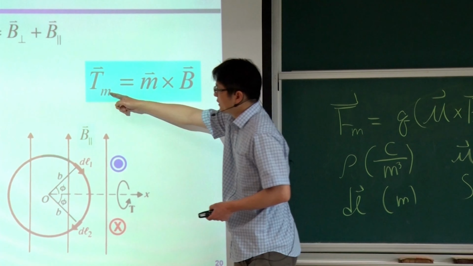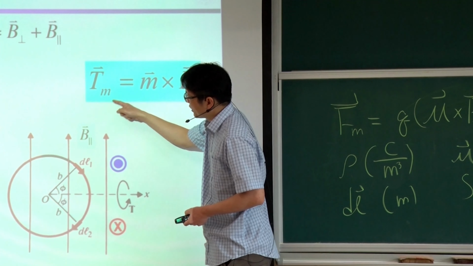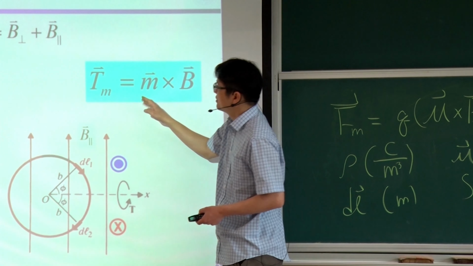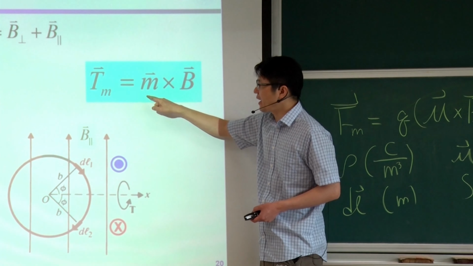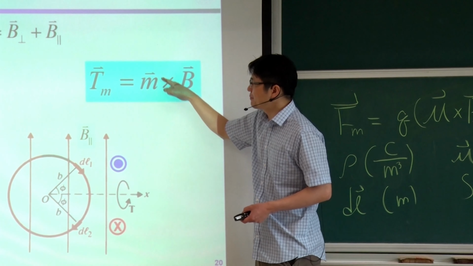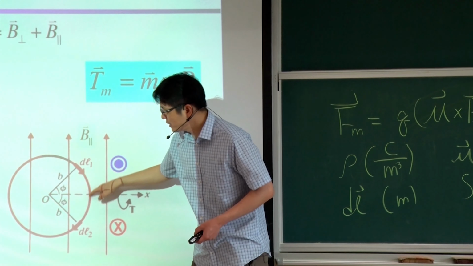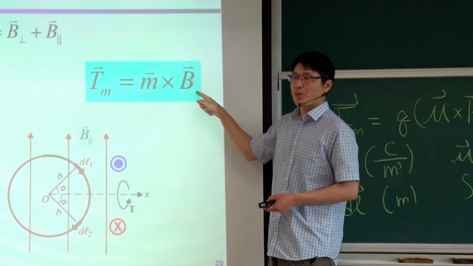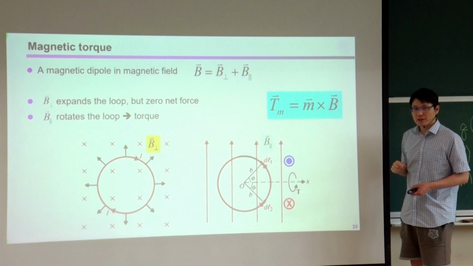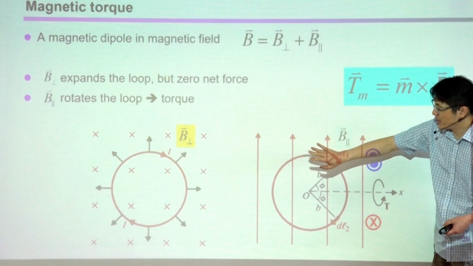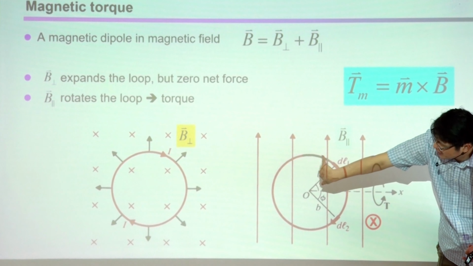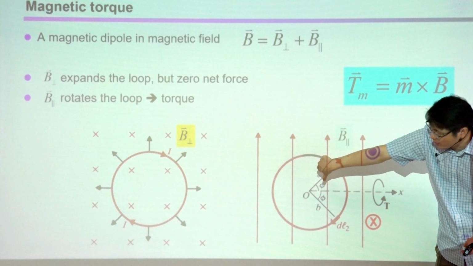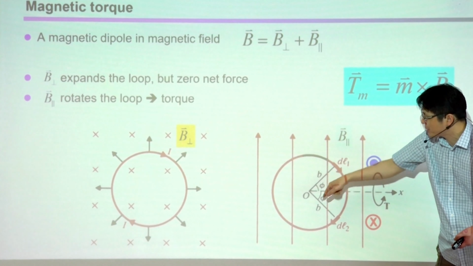So the torque, due to parallel magnetic field, is quantified as the magnetic dipole moment of your current conducting loop, making a cross product with your external B field. You can check. M, in this case, is into the paper, right? Your current is flowing in the clockwise direction, so M is into the paper.